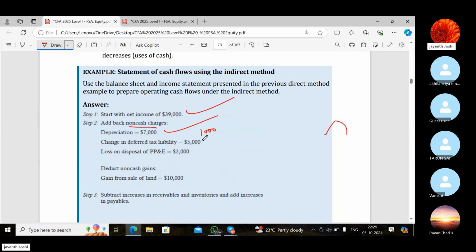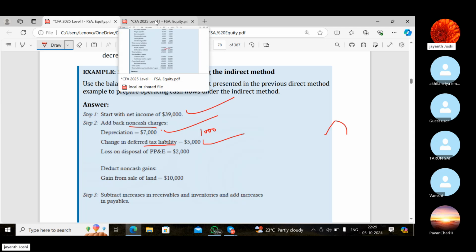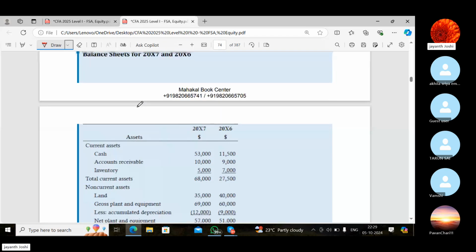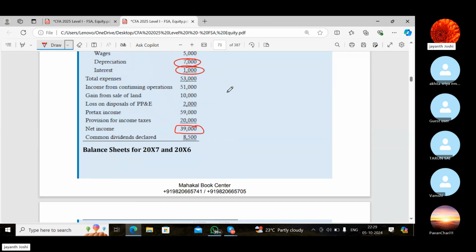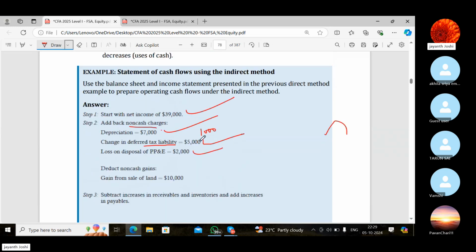So we add all the non-cash charges like depreciation and change in deferred tax liability. If we dispose property, plant and equipment, it is also a non-cash or non-operating nature item, so this 2000 also we add back. I told you, add non-cash expenses and also non-operating nature expenses.